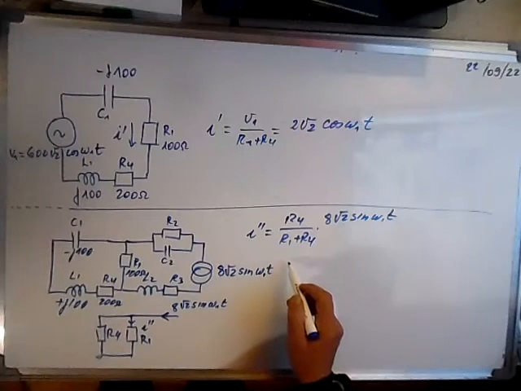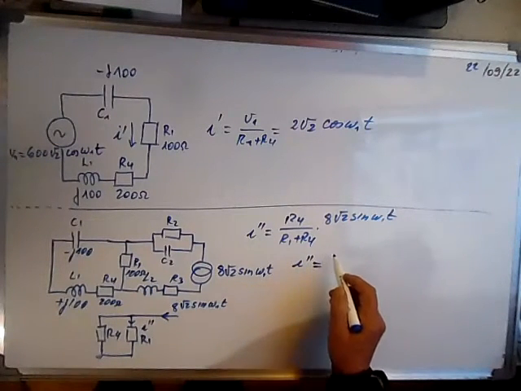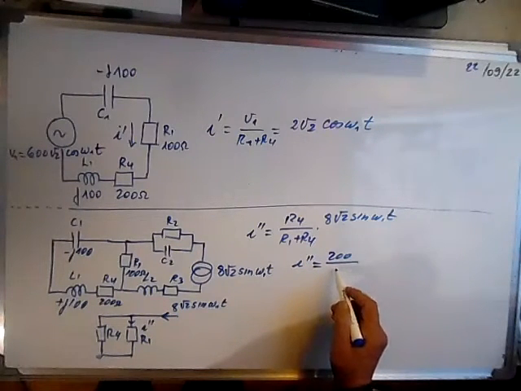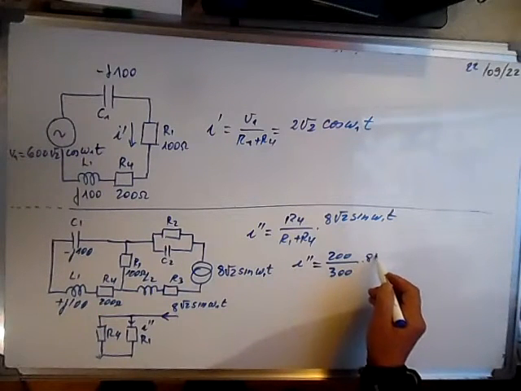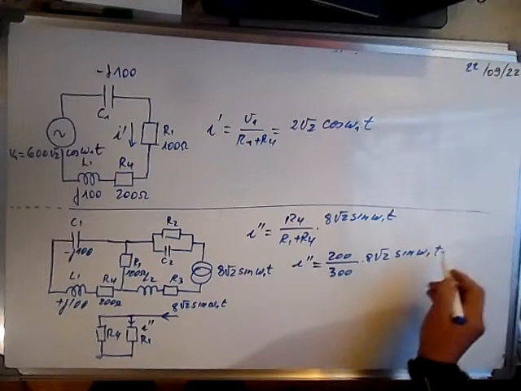So I prime is equal to 200 over 200 plus 100, which is 300, times 8 square root of 2 sine omega 1 t.